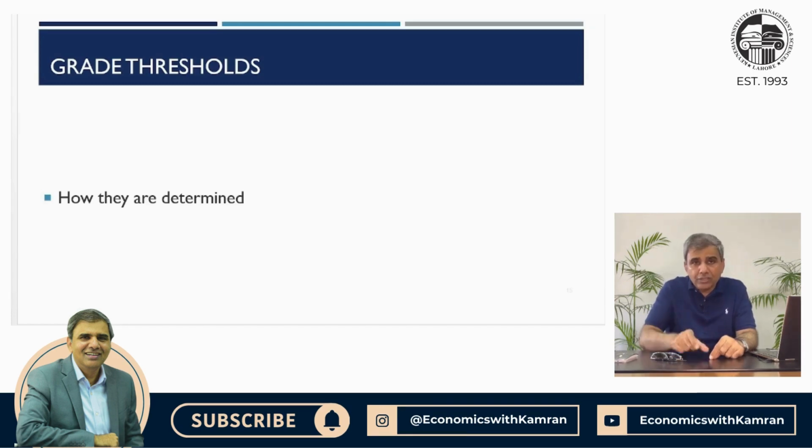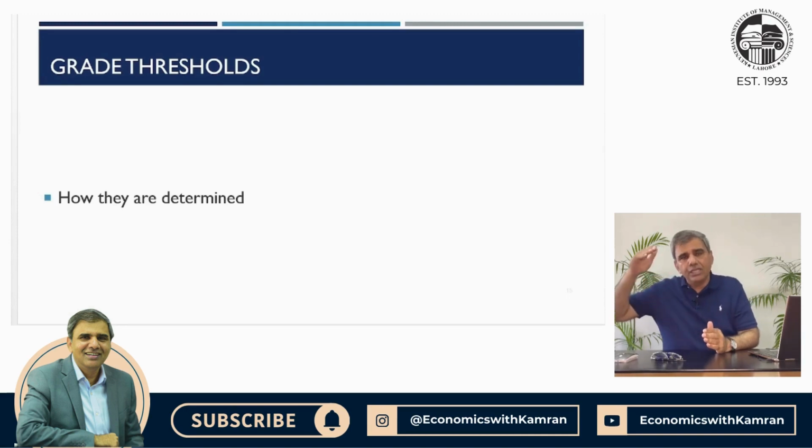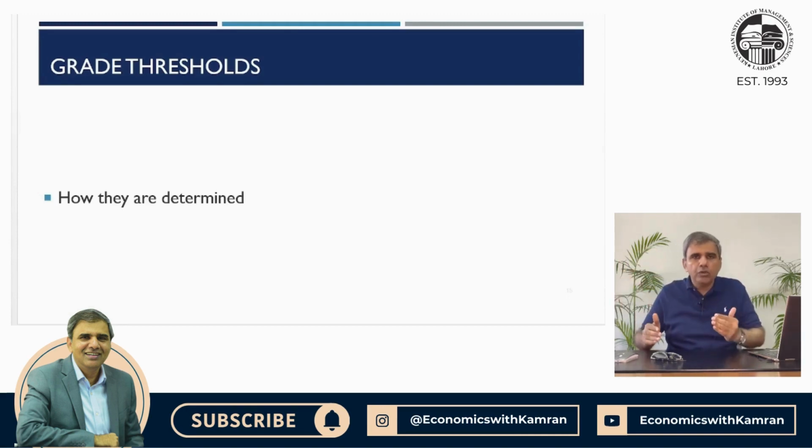If I say no, he doesn't deserve an A grade, I give him B. So if out of those 10 people who are members of the committee, 6 say that the 43 marks candidate deserves an A grade, 43 will be an A grade. And if out of 10, 6 or 7 say 42 is a B grade, then it will be a B grade. So the grade threshold will be revised and grade A will begin from 43 and above, and 42 and below would be B grade.